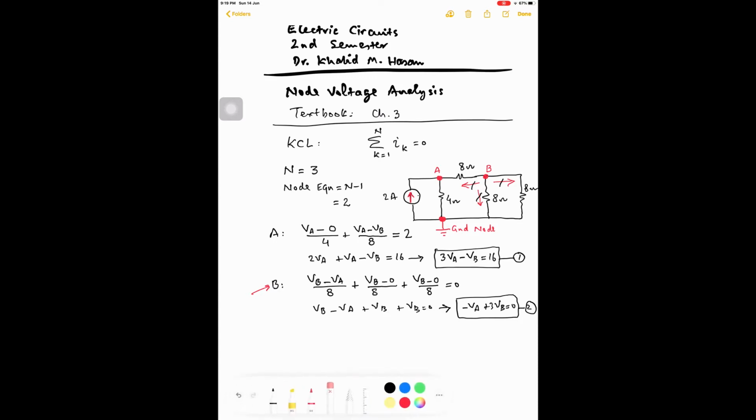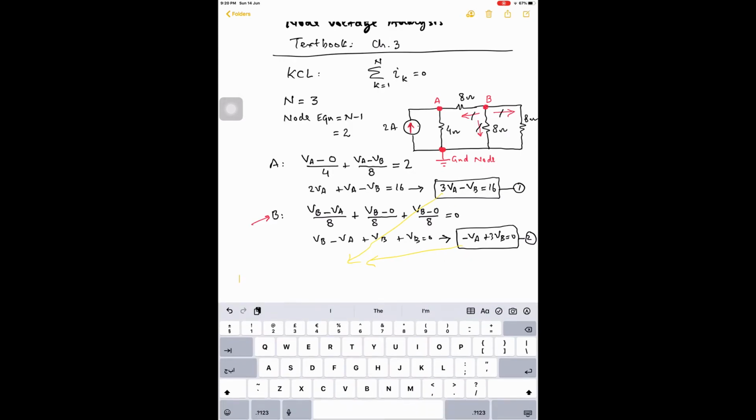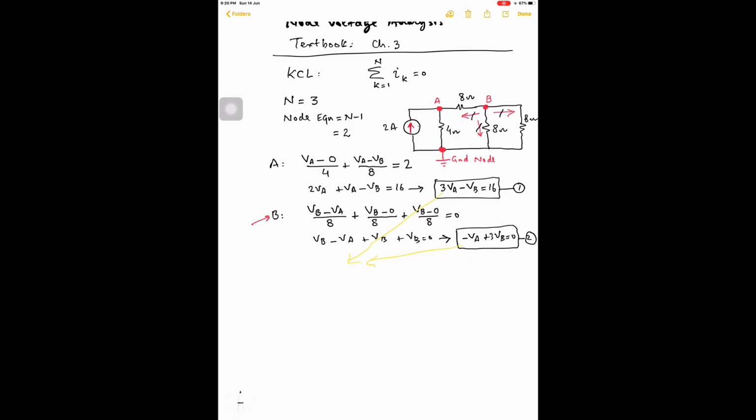Now these two equations, equation 1 and equation 2, can be written in matrix form. We will be solving these equations, and we prefer to express them in matrix form. The first equation is 3VA minus VB is equal to 16.